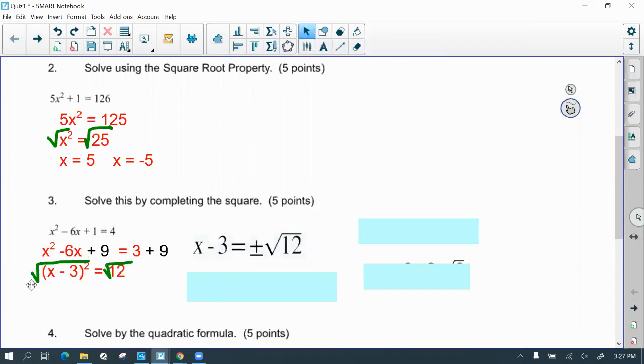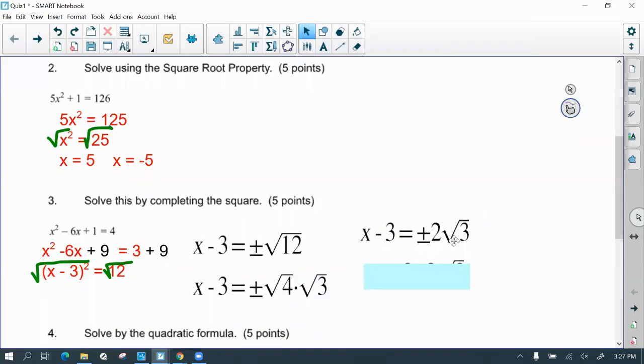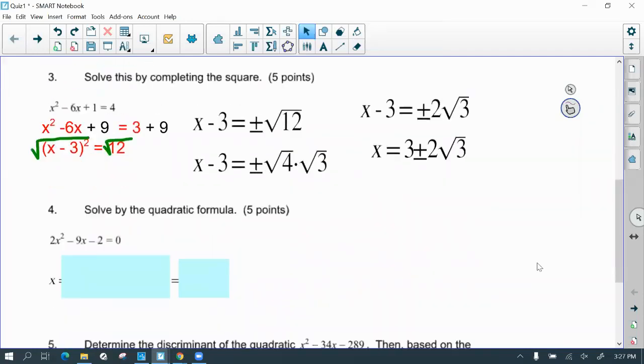If you take the square root of the left side, the square goes away, and you're just left with x minus 3. Square root of 12 is, well, plus or minus the square root of 12. But 12 is 4 times 3, so it's really plus or minus 2 rad 3. You add 3 to both sides, and then you're done. Here are the two answers, 3 plus or minus 2 rad 3.